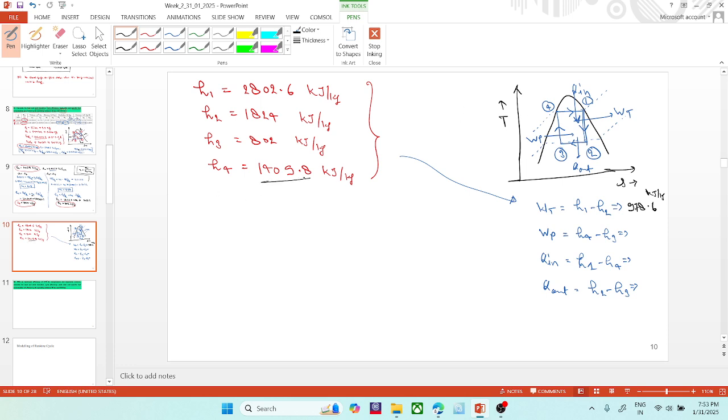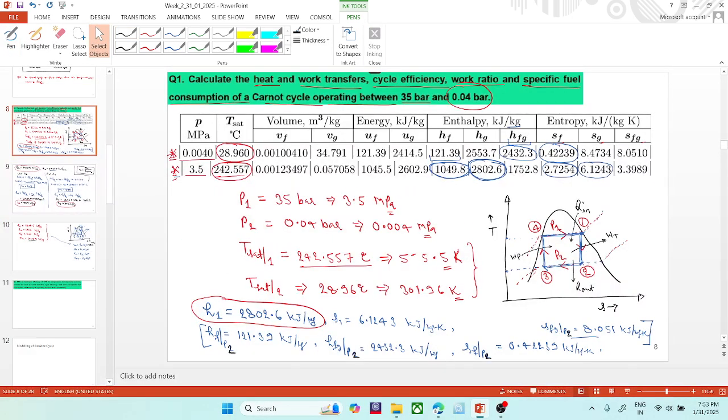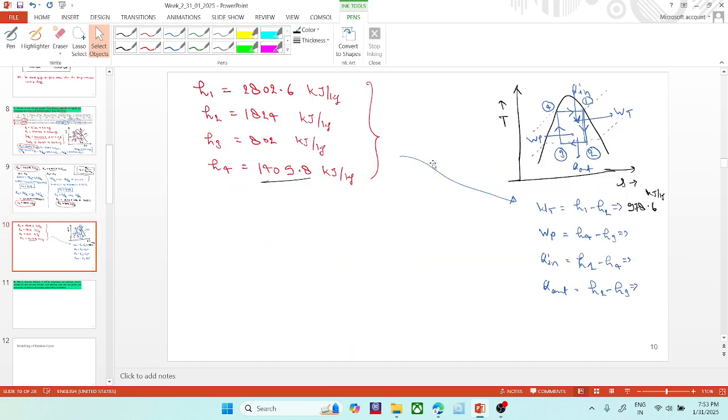This is my H4, 1049.8, minus the H3 value, 802. So this will come out as some 607.8.